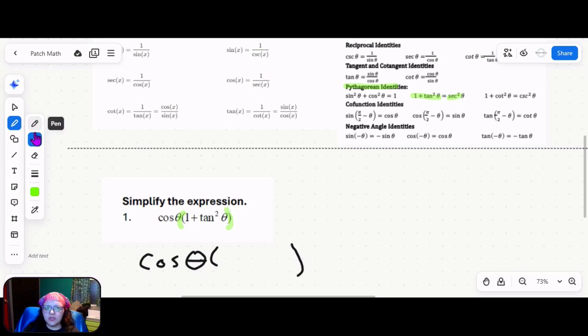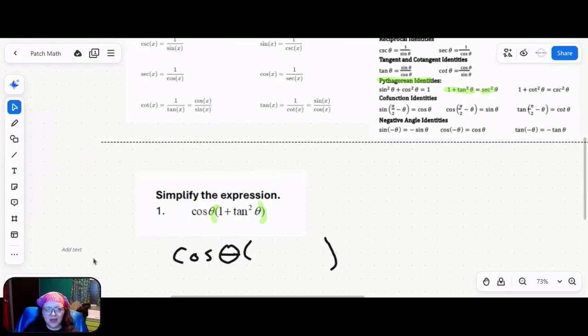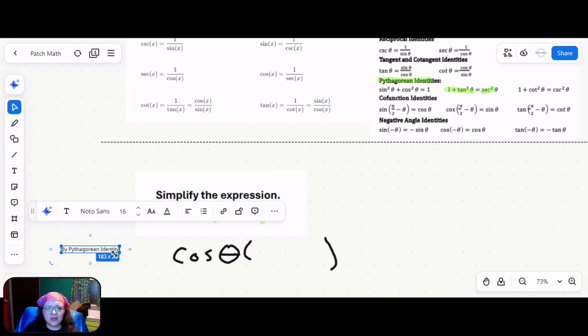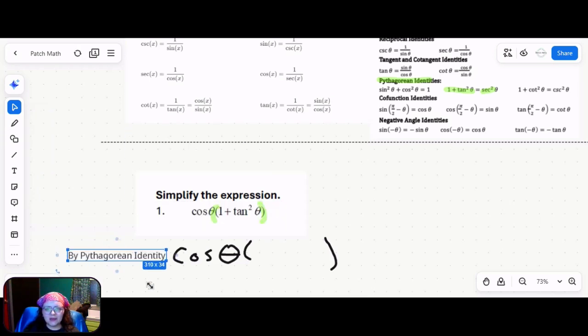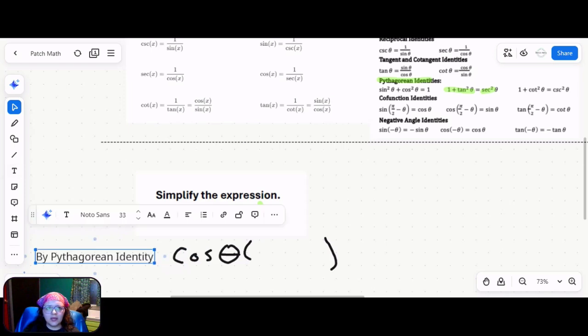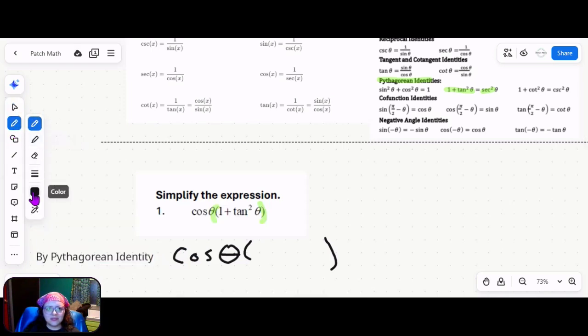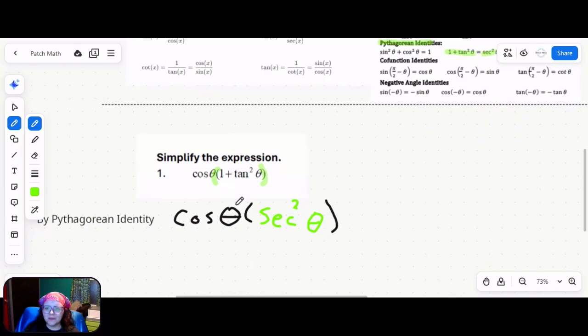That means we can, by our Pythagorean identity, and most teachers would want you to cite that, come in here and substitute secant squared of theta in for 1 plus tangent squared of theta, due to the fact that those are equal to each other.